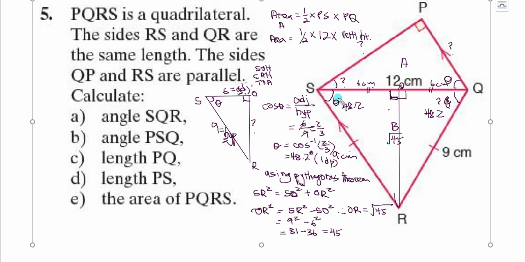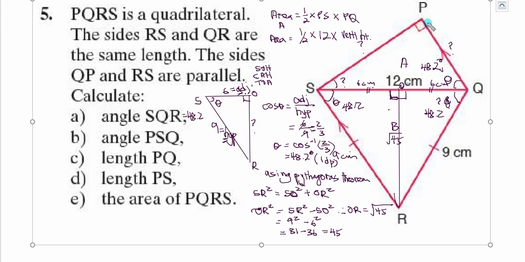Now, we're going to go back to the alternate angle. Since it is parallel, therefore this angle is also equal to 48.2. So SQR is equal to 48.2.